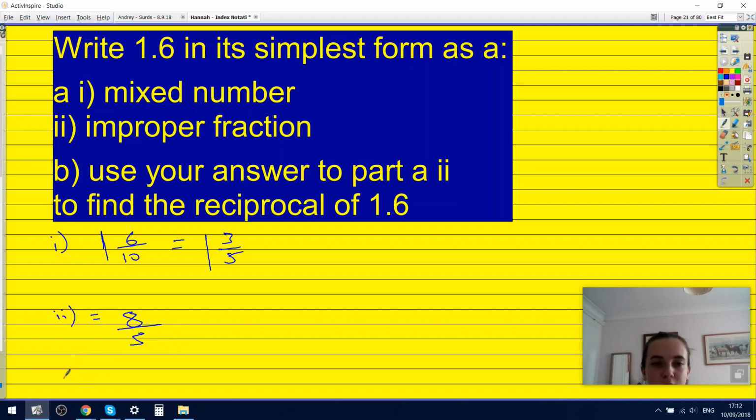And using that answer, find the reciprocal of 1.6. 5 over 8. Well done. Equals 5 over 8. And so the way you find the reciprocal of a decimal is you turn it into a fraction and flip the fraction.